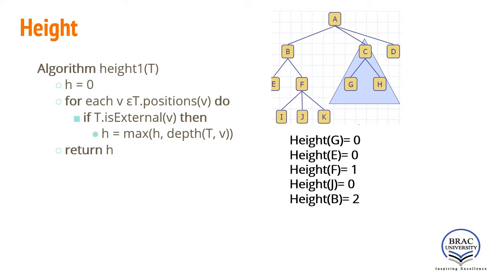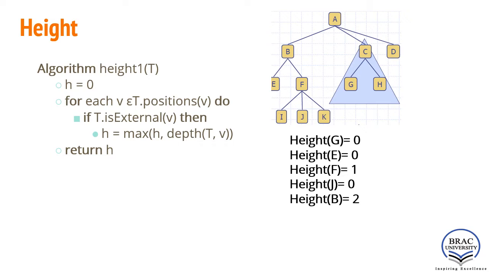Why is the height of B 2? That is the question. Because B has two children, E and F. So according to the definition of height, B's height will be the maximum of height of E and height of F. So what is the maximum of height of E? Height of E is 0, but height of F is 1.